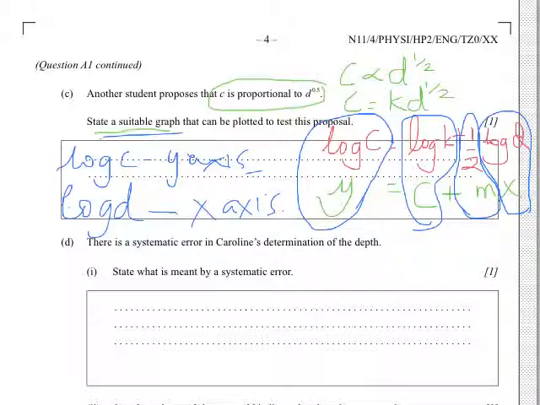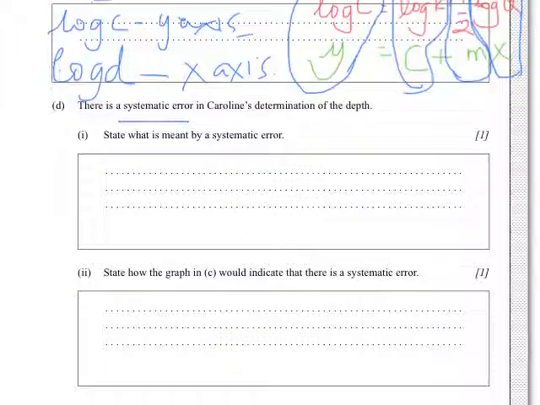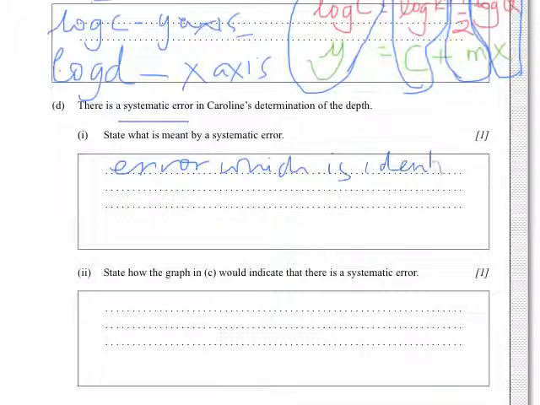There is a systematic error in Caroline's determination of depth. What is a systematic error? This is a nice one. Systematic error is an error which is identical for all readings.